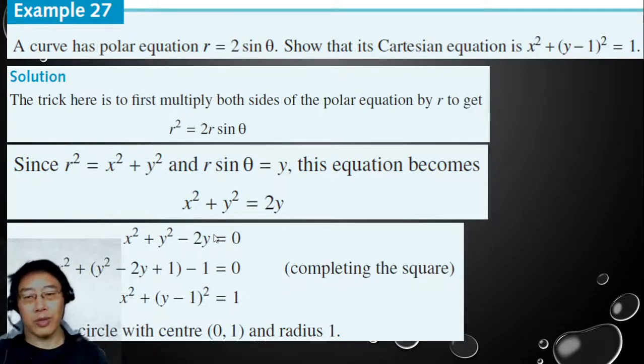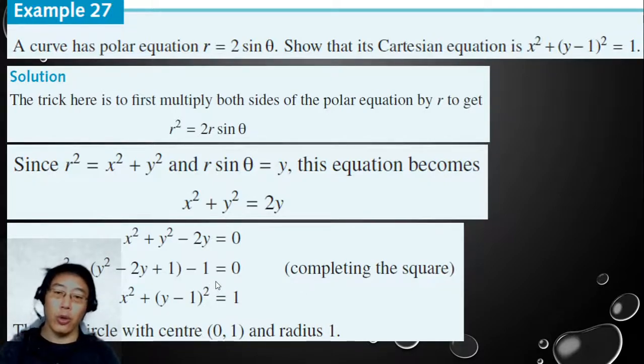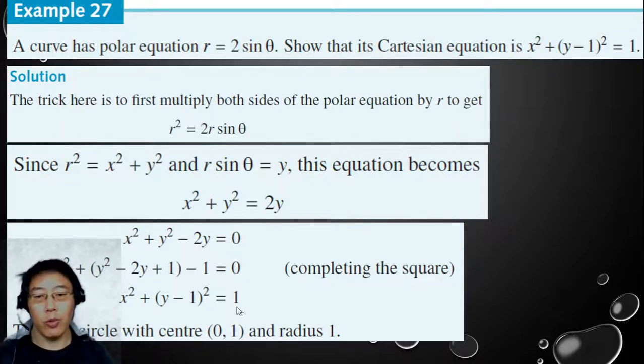Then you regroup on the same side and complete the square. That's a new strategy you have to consider at times for a circle, ellipse or hyperbola equation, and that gives you your equation of a circle. The center will be (0, 1), and the radius is the square root of 1, which is 1.